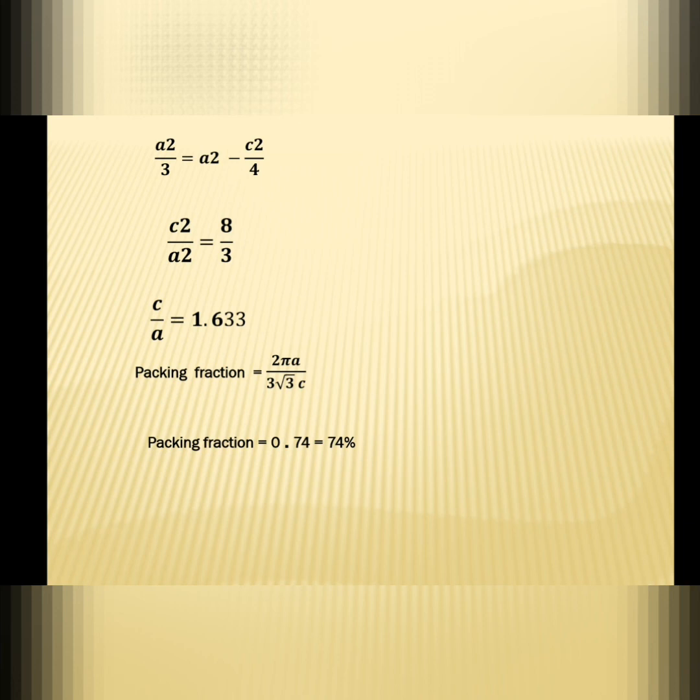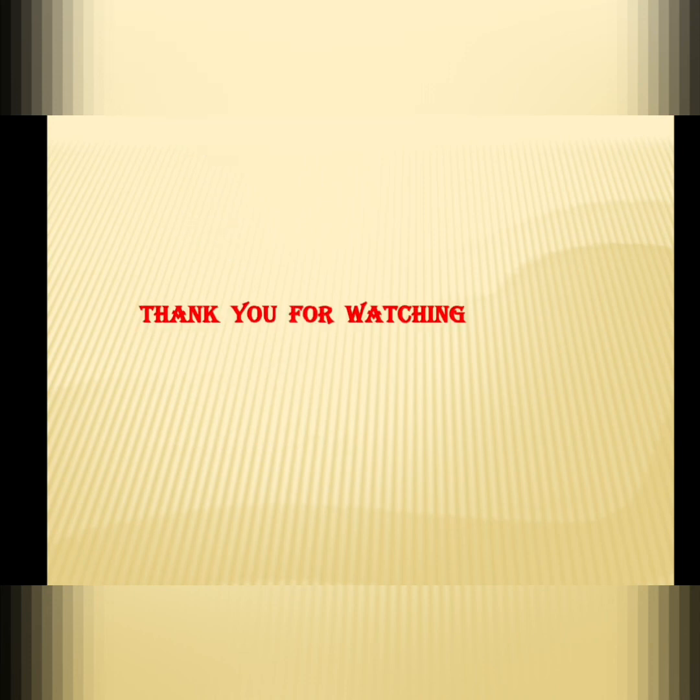So it is also equal to the packing fraction of the FCC system. So HCP is also a close packed system like FCC. That's all about the packing fraction of the HCP system.